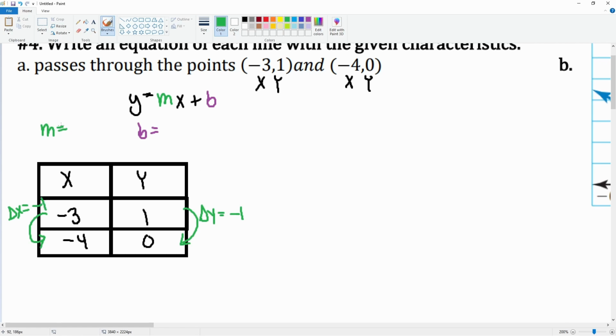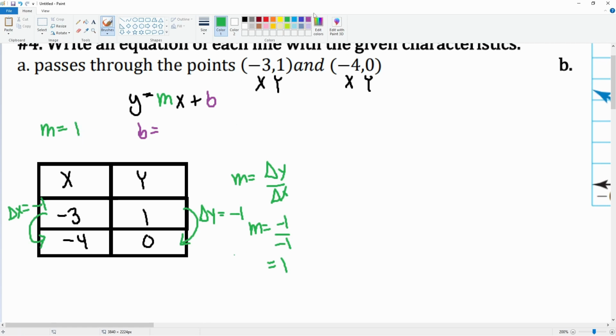So the slope, which is m, is equal to delta y over delta x. So we are going to now plug it in, because that is the equation. The slope m is equal to delta y over delta x. So m is equal to -1 divided by -1. That does simplify to just the number 1. So slope is just 1.